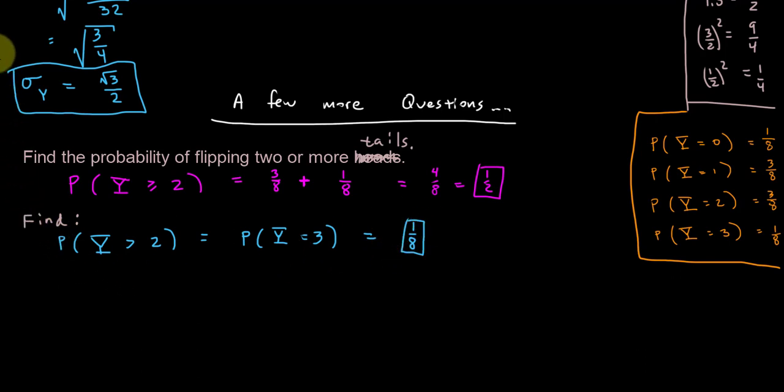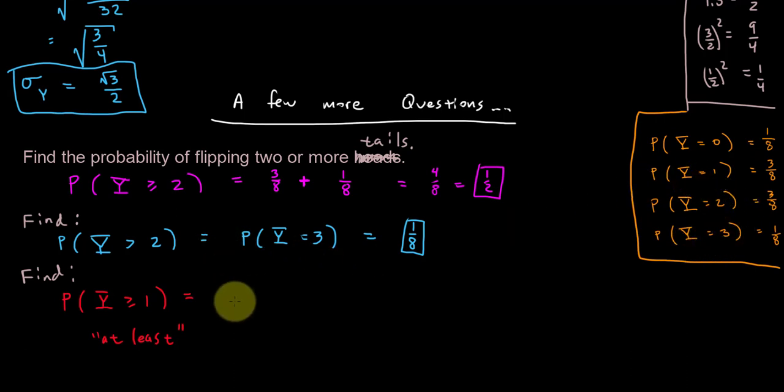Let's do one more. Let's find the probability of at least 1 tails. At least 1 tails. With at least type questions, here we usually are asking for most of these probabilities.